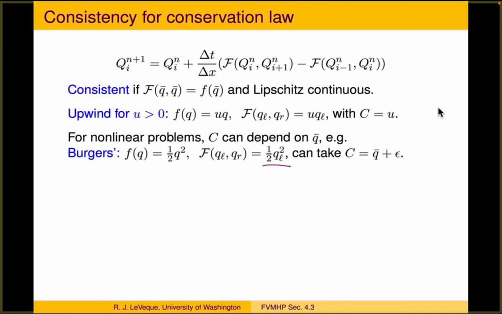If you look at how that converges to 1/2 q bar squared as q_l approaches q bar, that is Lipschitz continuous, but you have to take the constant C to be roughly q bar, or a little larger than q bar, because your q_r might be a little larger than q_l, and you need this to hold in some neighborhood. But basically, if you're thinking of a fixed point q bar, then you can choose a C such that you have this Lipschitz continuity property satisfied, and then we would say that the flux is Lipschitz continuous.